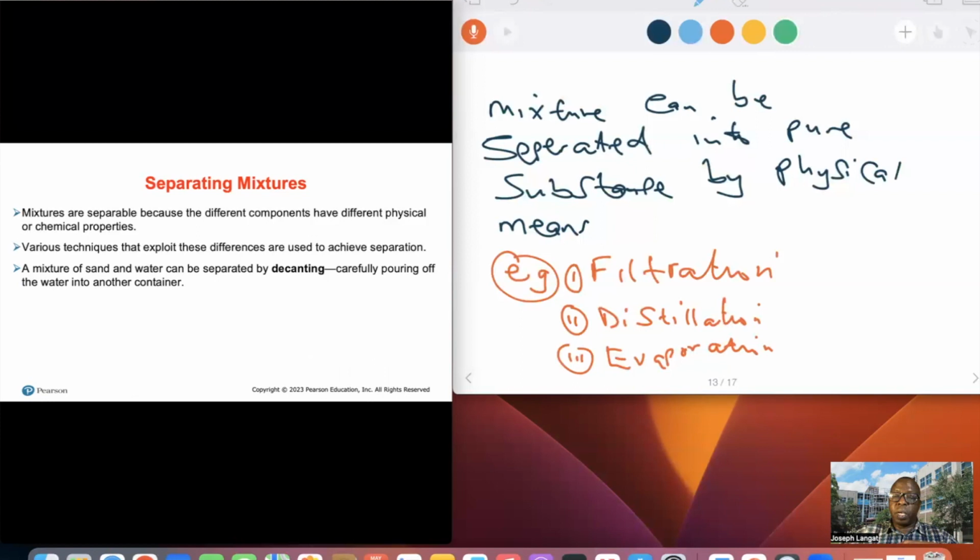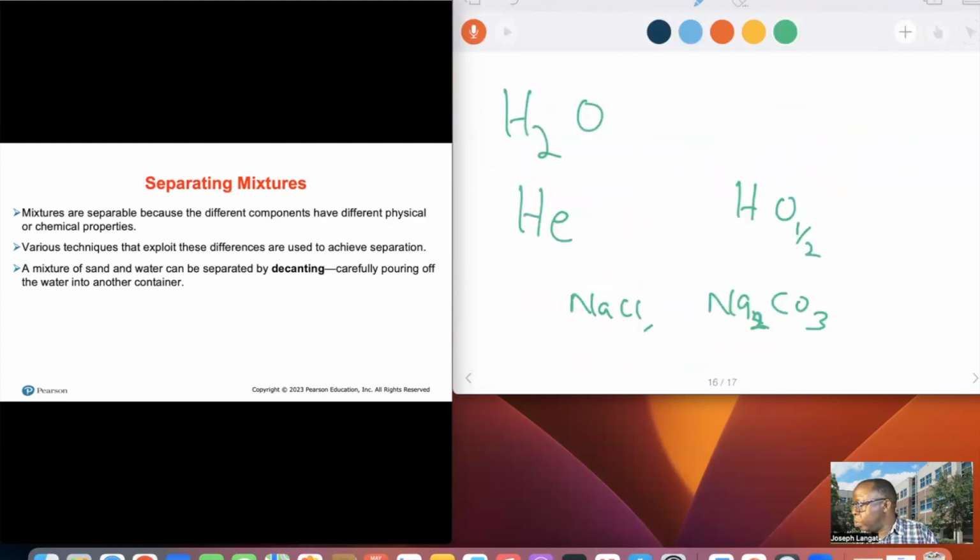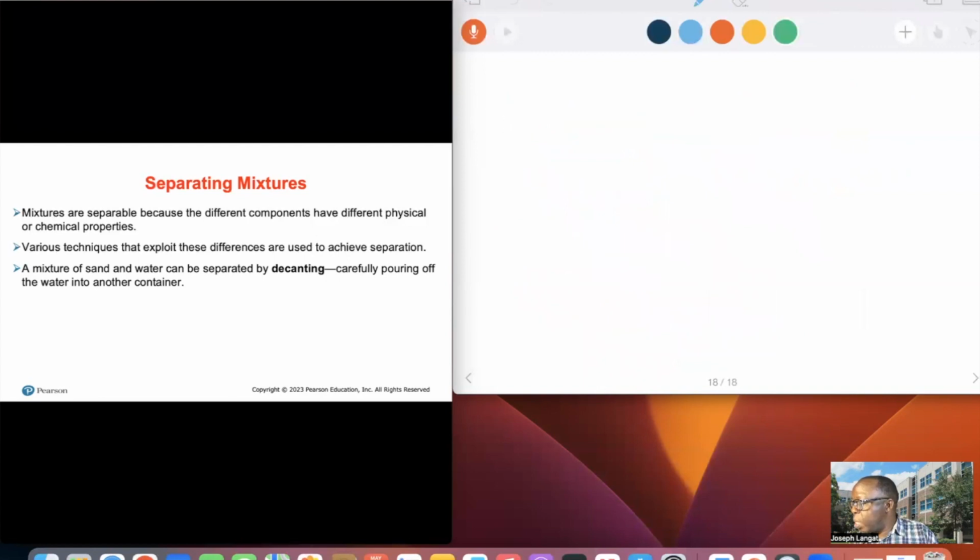If this is a mixture, I can pour off; the residue will settle down. You may see the liquid up top, and I can pour it off into a separate container, leaving the residue.